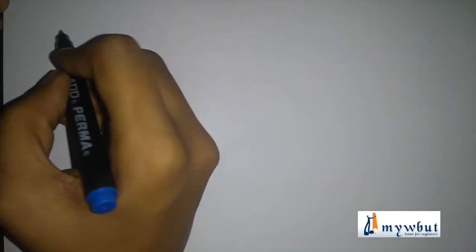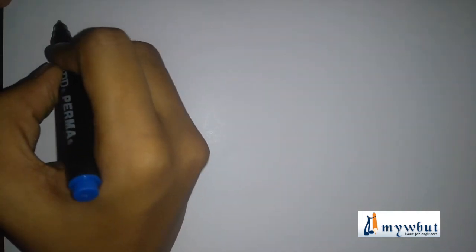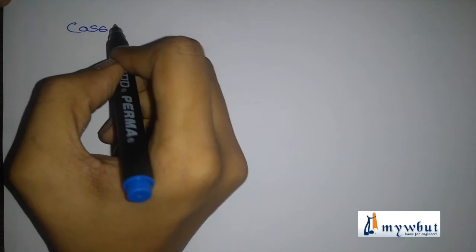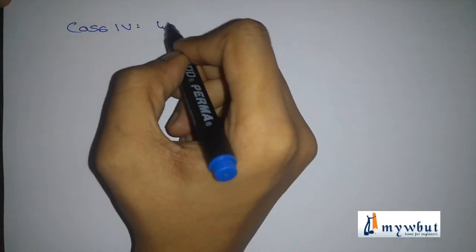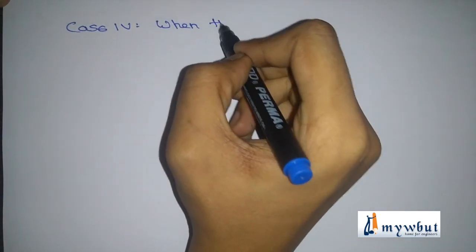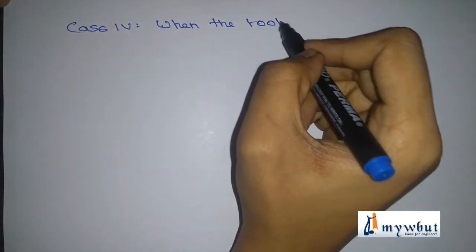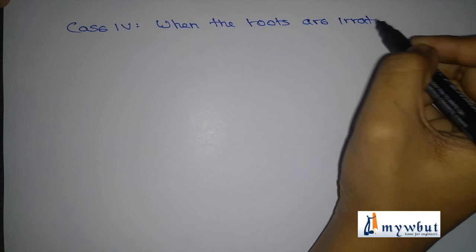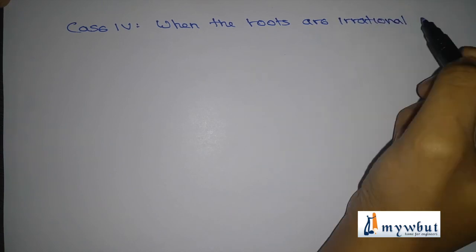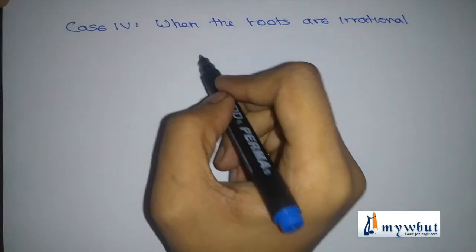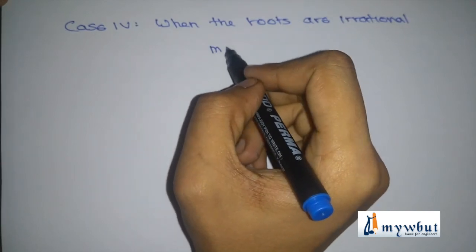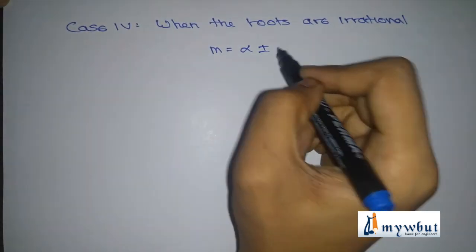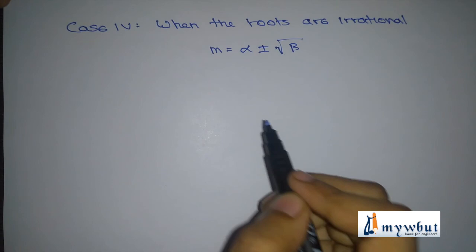Now we have a case also for when the roots are irrational. So case 4, when the roots are irrational. For irrational roots, we can give m is equal to alpha plus minus root of beta.